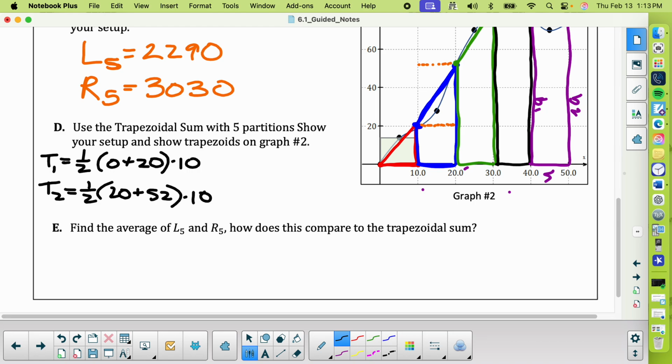You'll notice they always are going to share a number though, because that's the way the picture is drawn. So like this 20 is the same between both of them. The next trapezoid is going to start with 52. 80.